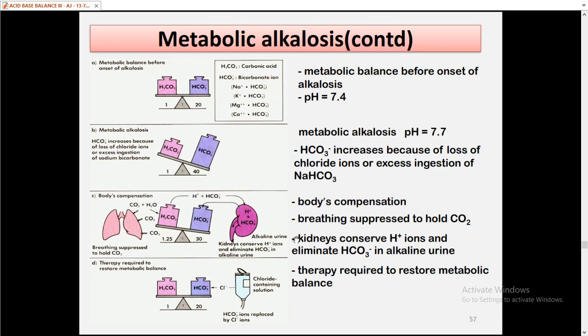The kidneys start conserving hydrogen ions and eliminating bicarbonate ions, thus alkaline urine is passed. And once therapy starts with chloride containing solutions, this ratio, which was quite disturbed, returns back to its normal values.